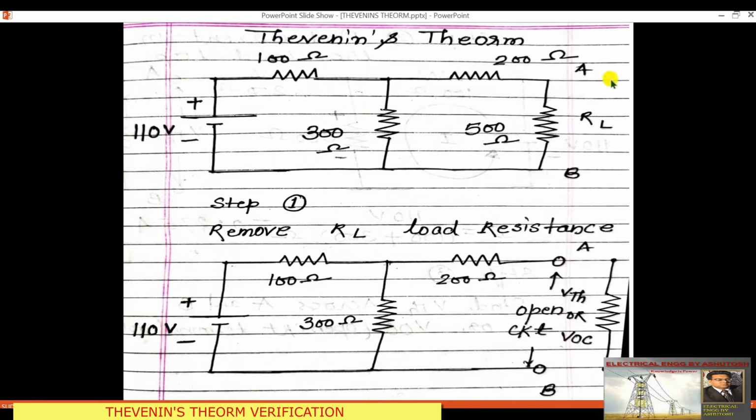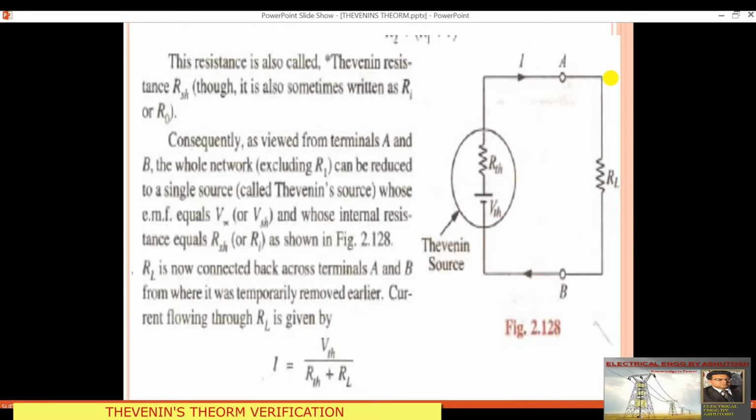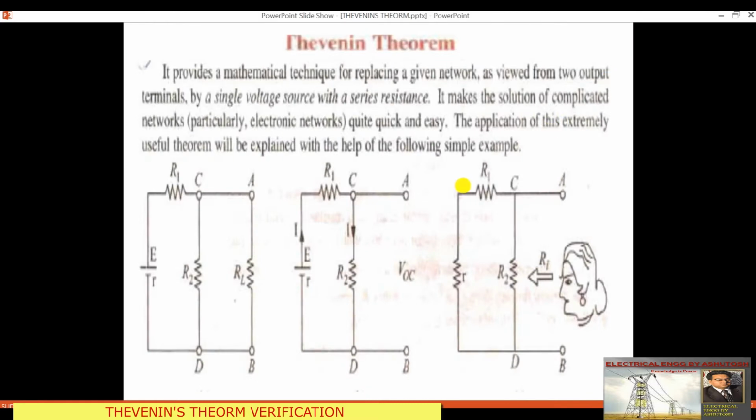So what is Thevenin's theorem? You can also say in another statement, in any linear bilateral resistive network where various voltage sources and various resistances are connected, we can replace that circuit with an equivalent diagram, that will be called Thevenin's equivalent diagram.